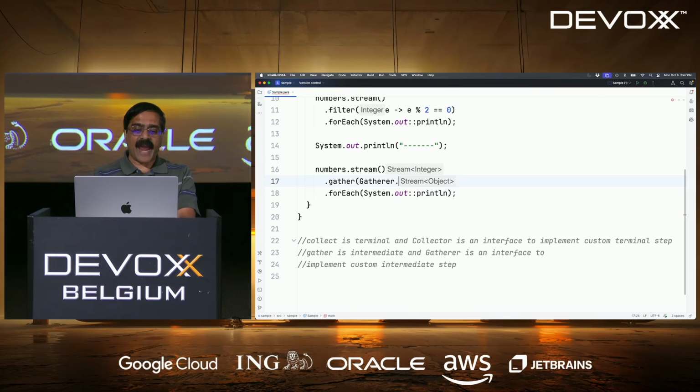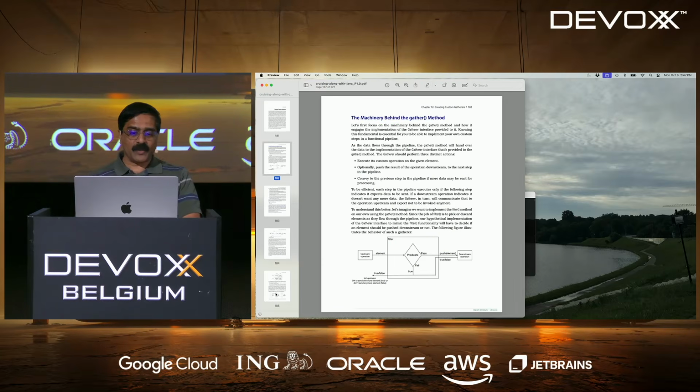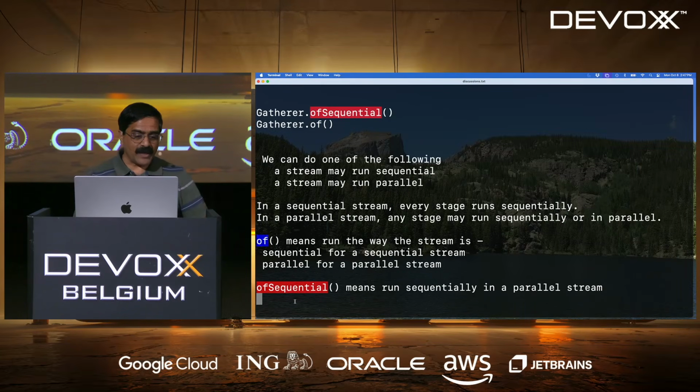So you can say Gatherer dot, and you can see the off and off sequential. You know what the purpose of those two are, that you can create them based on where you are going to execute it in this particular case. So that gives us an idea how these things manifest and how we can make use of it. So that basically leads us to essentially the implementation here.